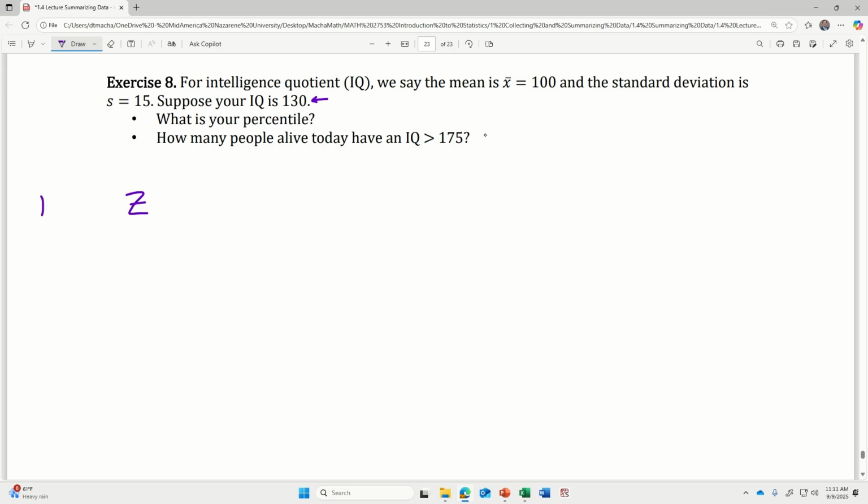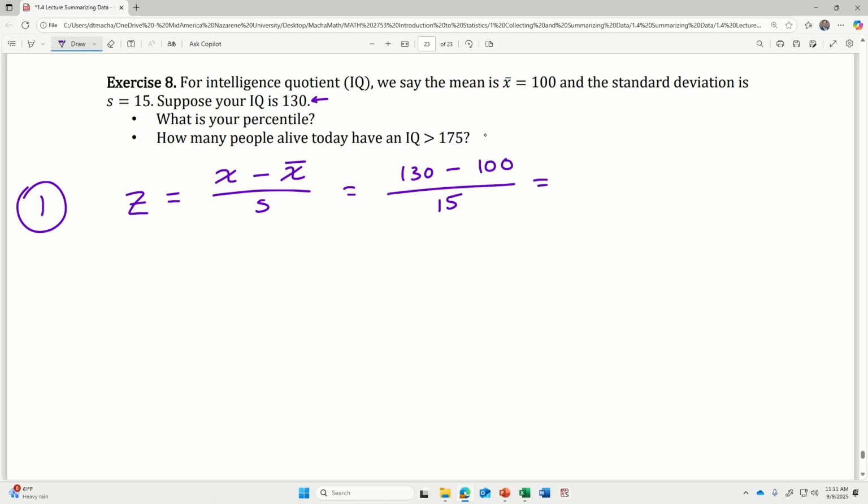Well, the first step is calculate the z-score. The z-score is your measurement minus the mean divided by the standard deviation. So that would be 130 minus 100 divided by 15. So that's 30 over 15. So your z-score is 2.